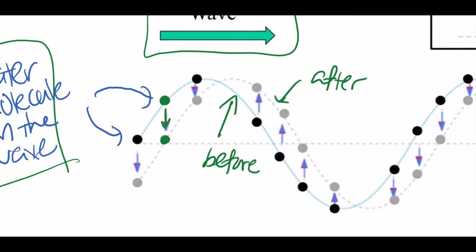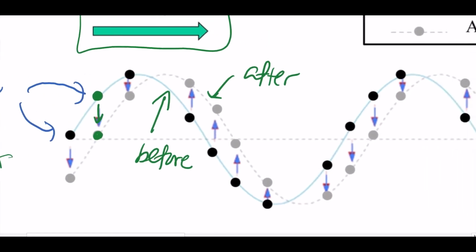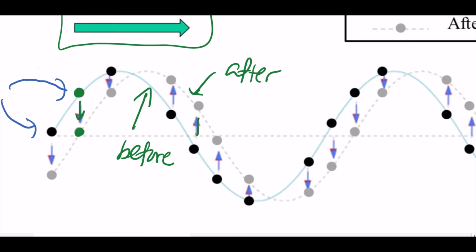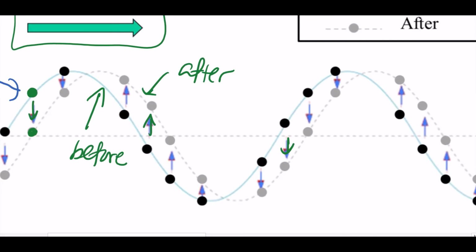So before it travels, the particle is here. After the wave has traveled a little bit, now the particle is here, so we know that it has moved down. Along the wave, some particles move up, some particles move down, but none of the particles move right or left.